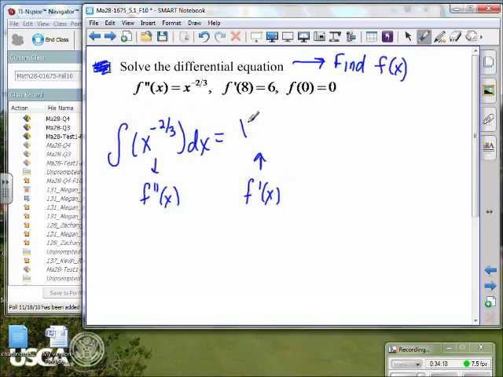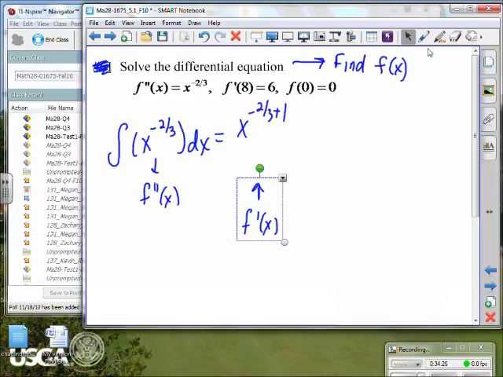Okay, so let's see. I apply my rule, negative 2/3 plus 1, divide by my new exponent, plus c. So let's see.